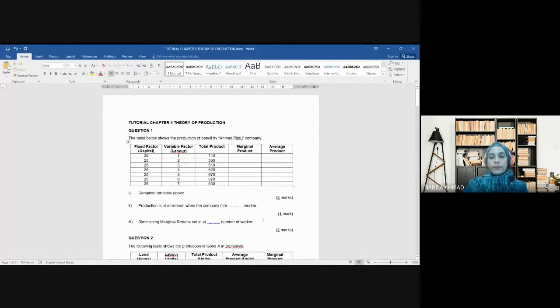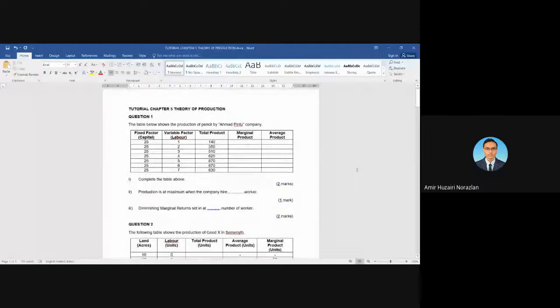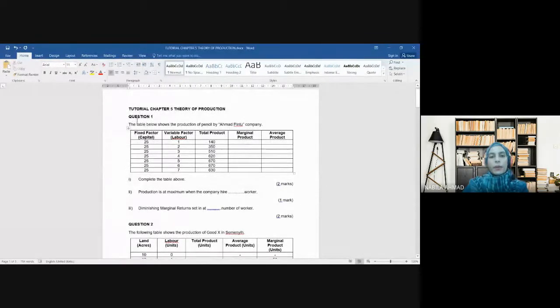Semua nampak? Nampak. Okay, kita lihat number 1. The table below shows the production of pencil by Ahmad Pintu Company.